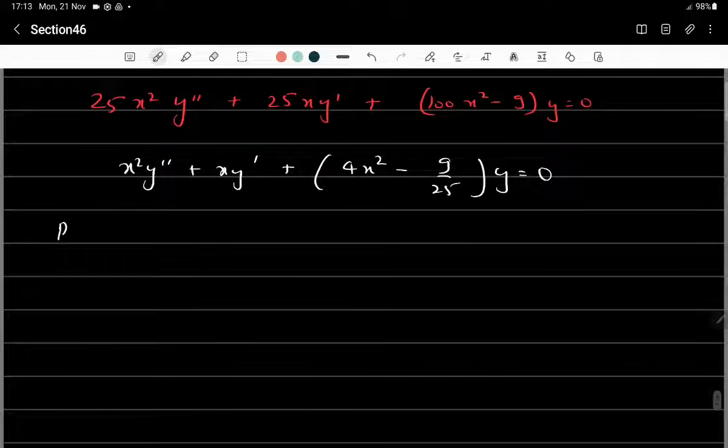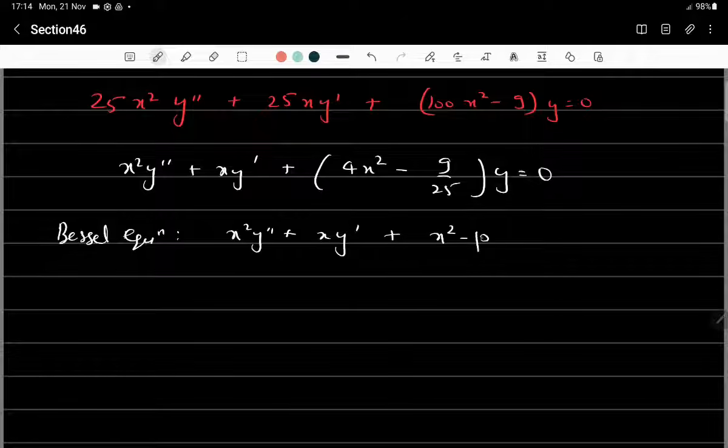Now recall what the Bessel equation is. Does it look like a Bessel equation? The Bessel equation is x^2 y'' + x y' + (x^2 - p^2) y = 0. So here, instead of x^2 I have 4x^2.